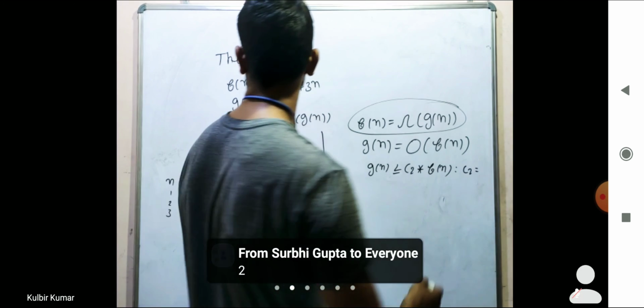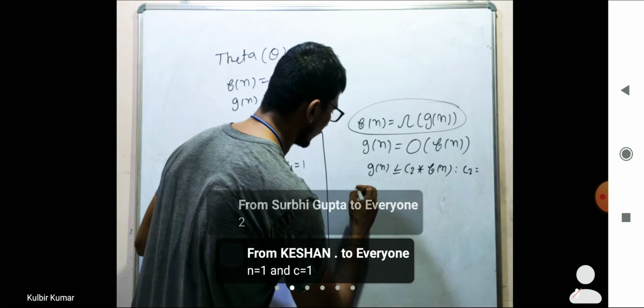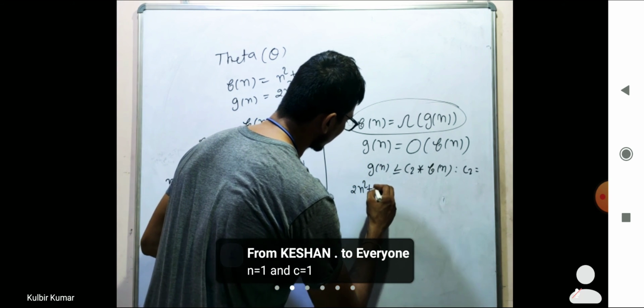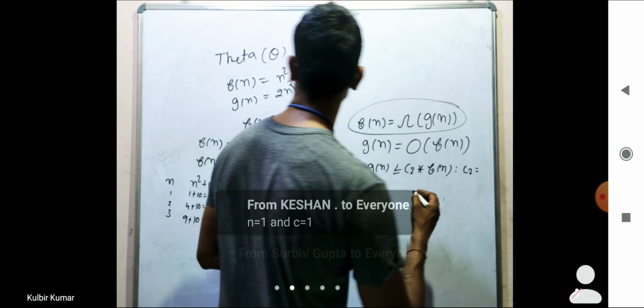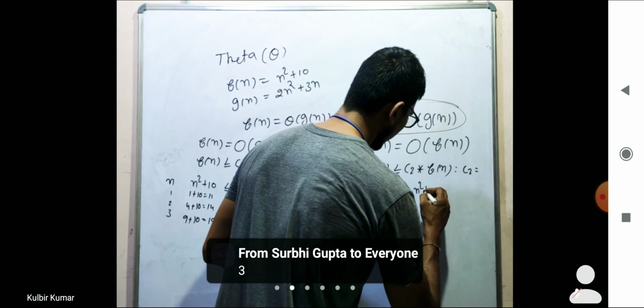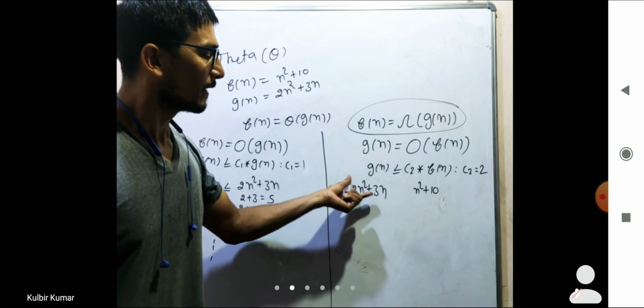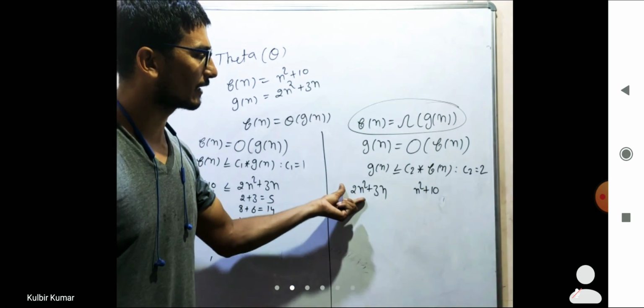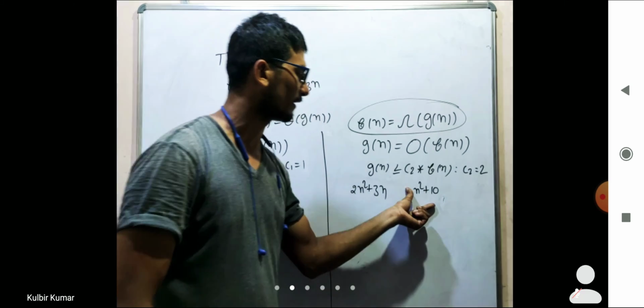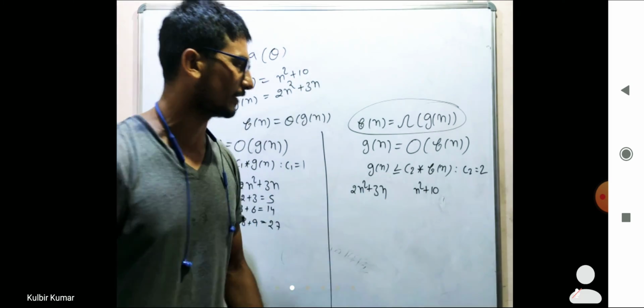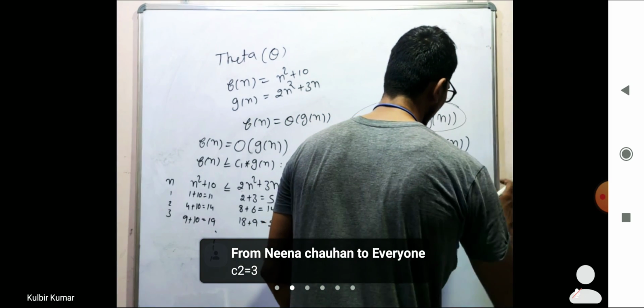Okay, so function g of n क्या है? That is nothing but twice of n square plus 3n, and that function is nothing but n square plus 10. So now let us see, अगर C2 की वैल्यू 2 ले ली तो यहाँ पे डिग्री क्या है? 2, और n स्क्वायर के साथ मल्टीप्लाई कौन कर रहा है? 2, और यहाँ पे n स्क्वायर के साथ मल्टीप्लाई कौन करेगा? 2. सो कंडीशन सेटिस्फाई नहीं होगी. So you can put here 3.